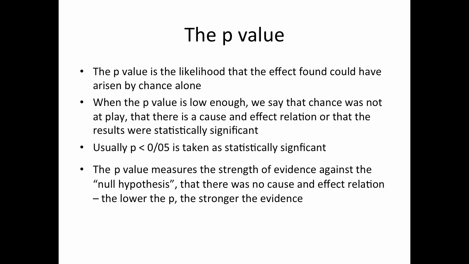Okay? And if the p-value is really low, we say the null hypothesis was wrong. In other words, there was a cause and effect. And the lower the p, the stronger the evidence. There's been a lot to take in there, and there is quite a lot more, which you'll find in your course book. For now, let's just turn to categorical data.